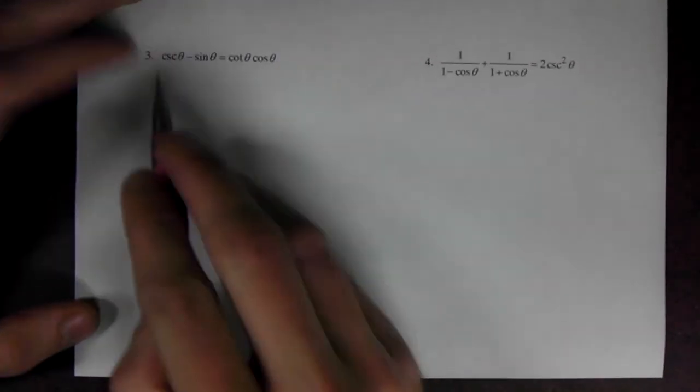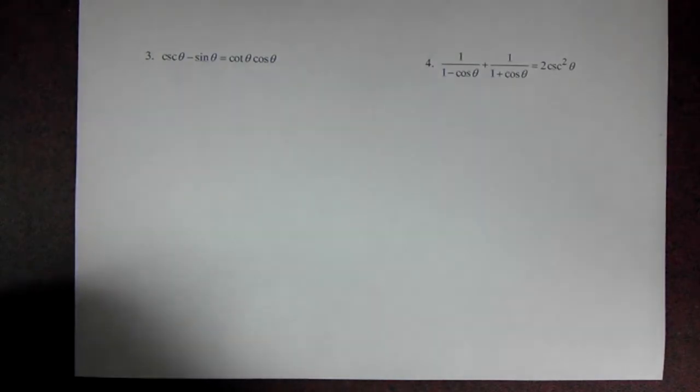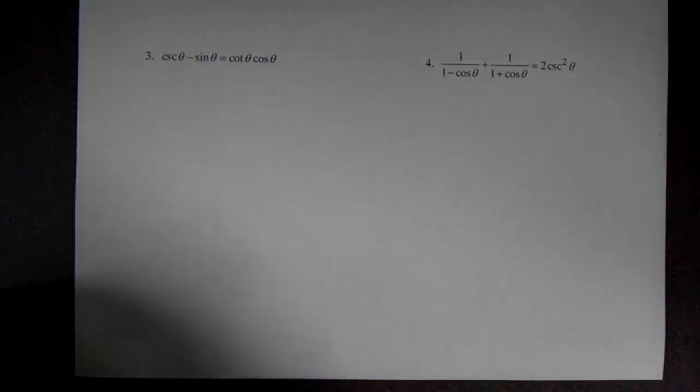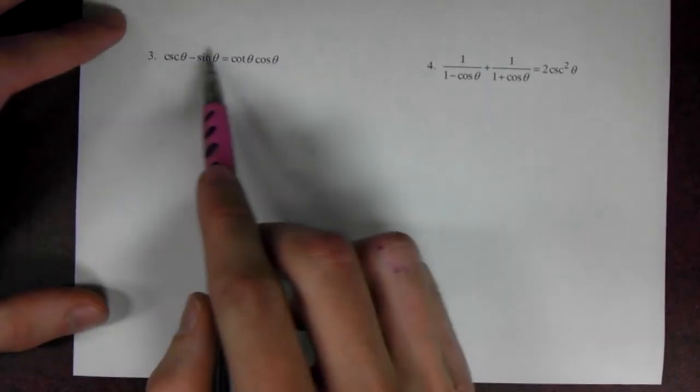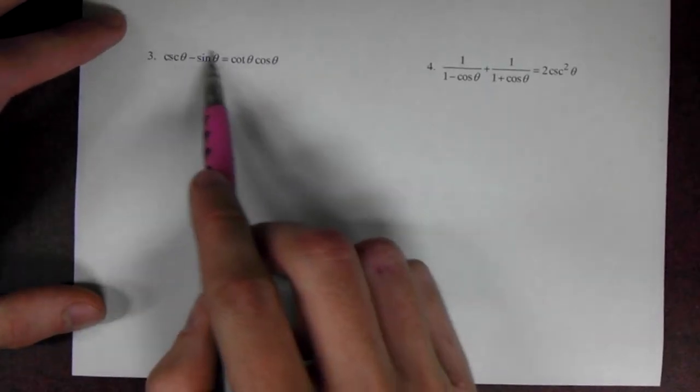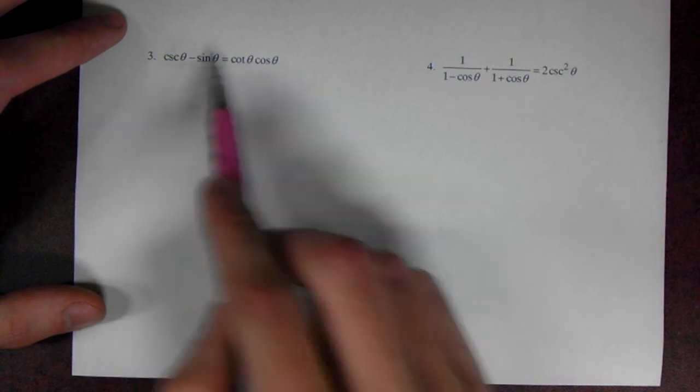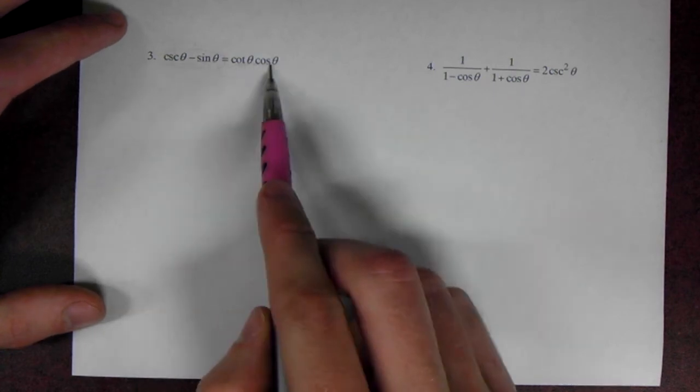Just some ideas. Alright, so looking at number 3 here, cosecant minus sine equals cotangent times cosine. So notice on the left side we have 2 terms, and on the right side we only have 1. So there's going to be something that we can do to this to try to combine them together.